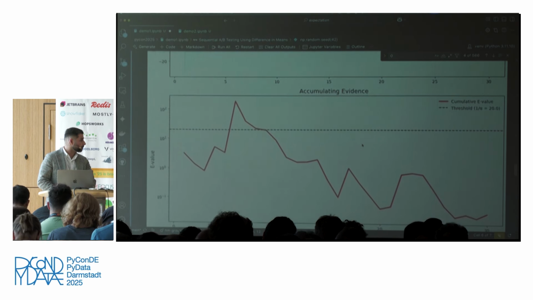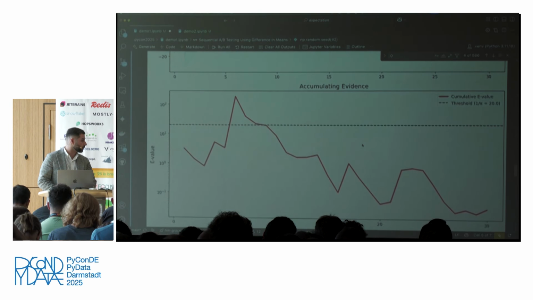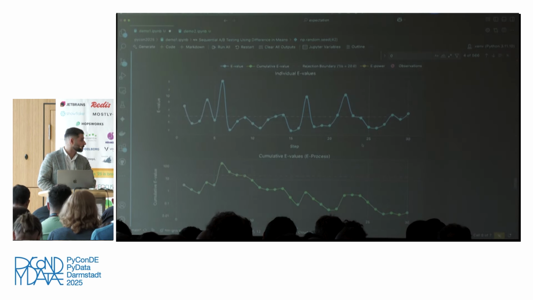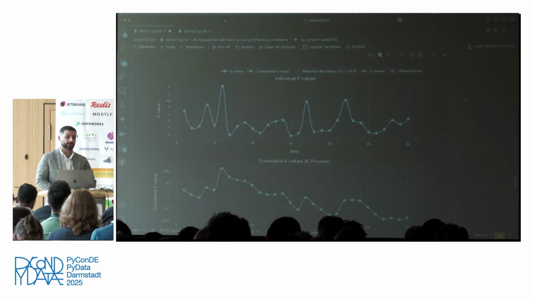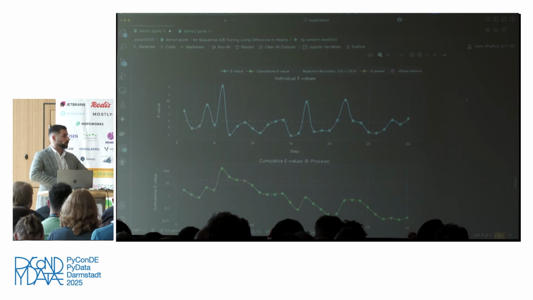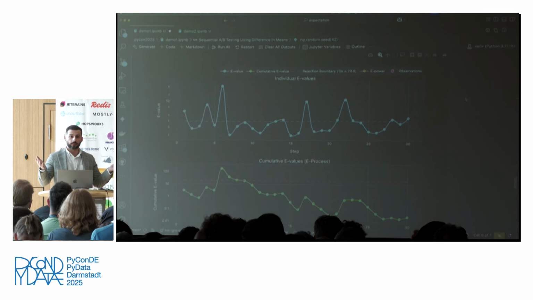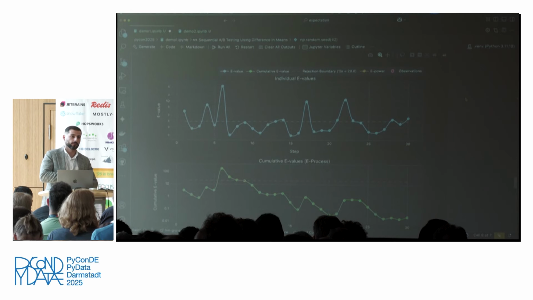But here's the part. We can actually go to the other graph, which is a little bit more suitable for this. The first subplot you see is the individual E-values. Because if you think of betting, if you think about you earned $20 yesterday, today you earned $30, there's a multiplicative process here.